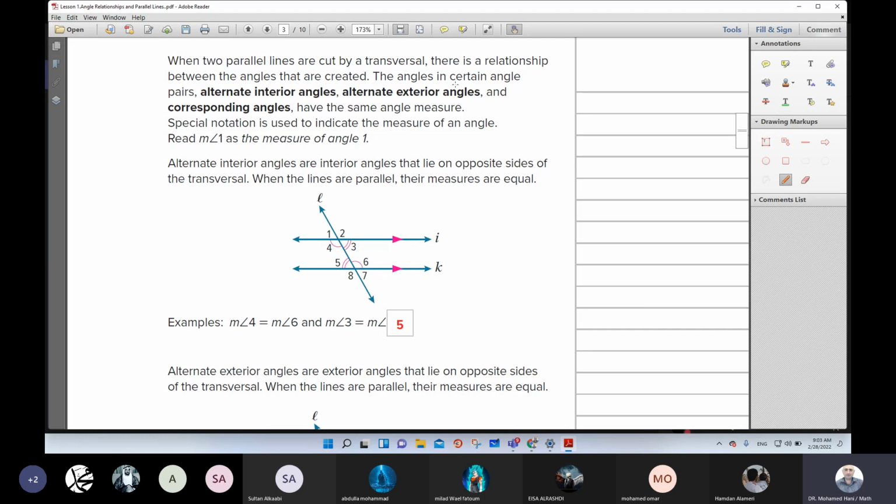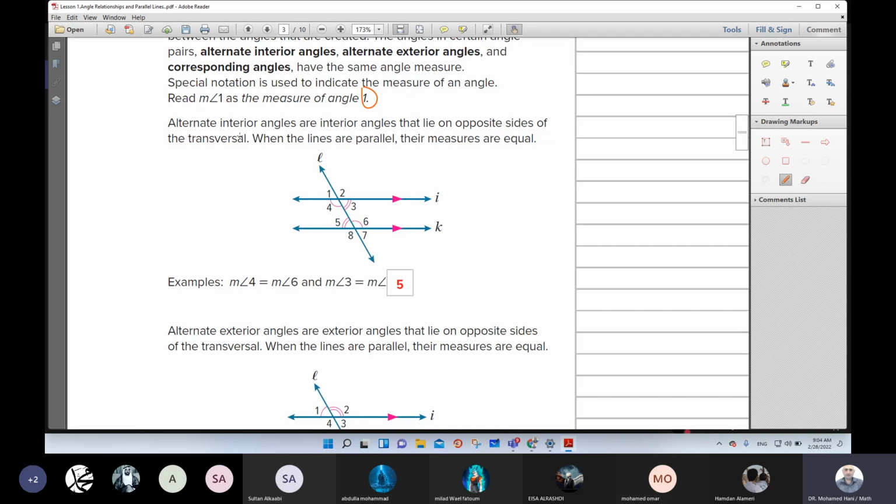Certain angle pairs, alternate interior angles, alternate exterior angles, and corresponding angles, have the same angle measure. Special notation is used to indicate the measure of an angle. Read measure of 1 as the measure of angle 1.